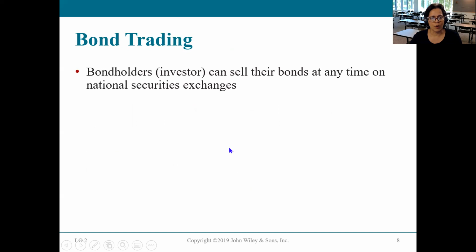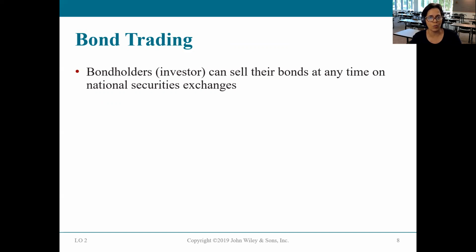And how do bonds trade? The bondholder, the investor, can sell their bonds at any point of time in the National Securities Exchange. So when the company sells the bonds, they borrow money. As an example, I'm the company, I borrowed money, let's say it's $1 million, and I said I will return it 10 years from now. Those bondholders don't have to hang on to those bonds for 10 years.